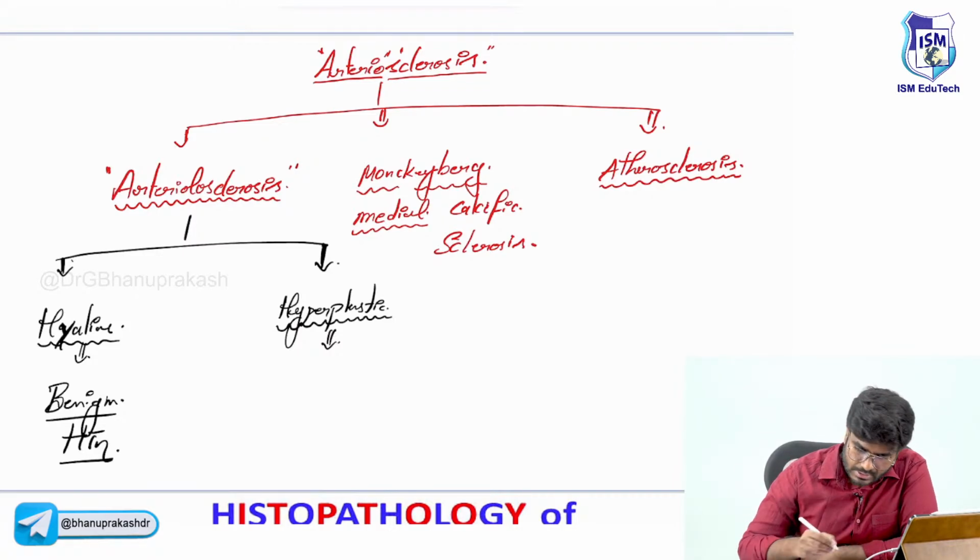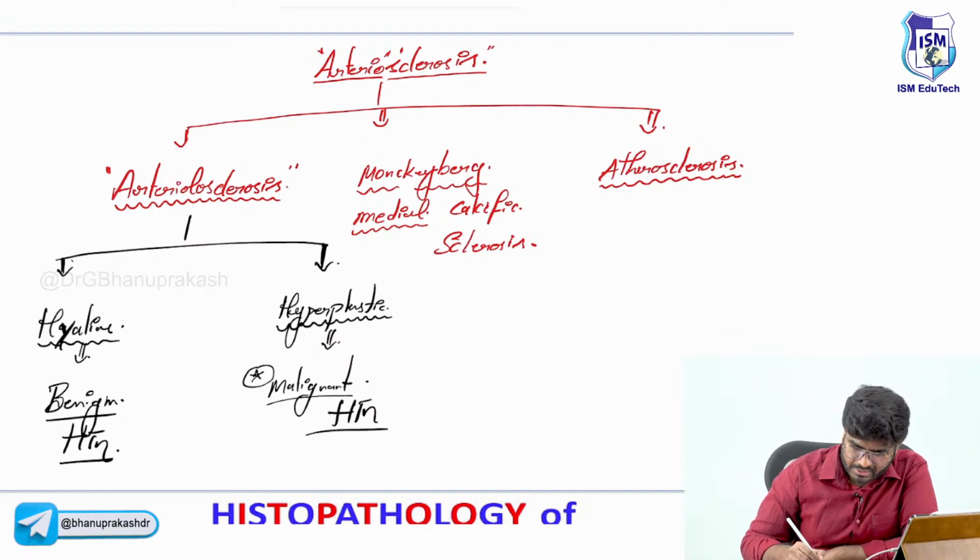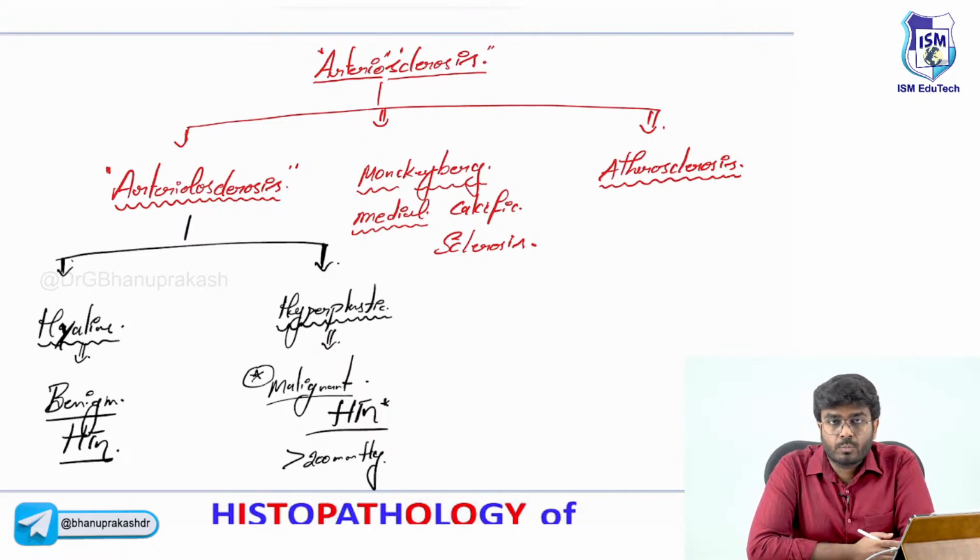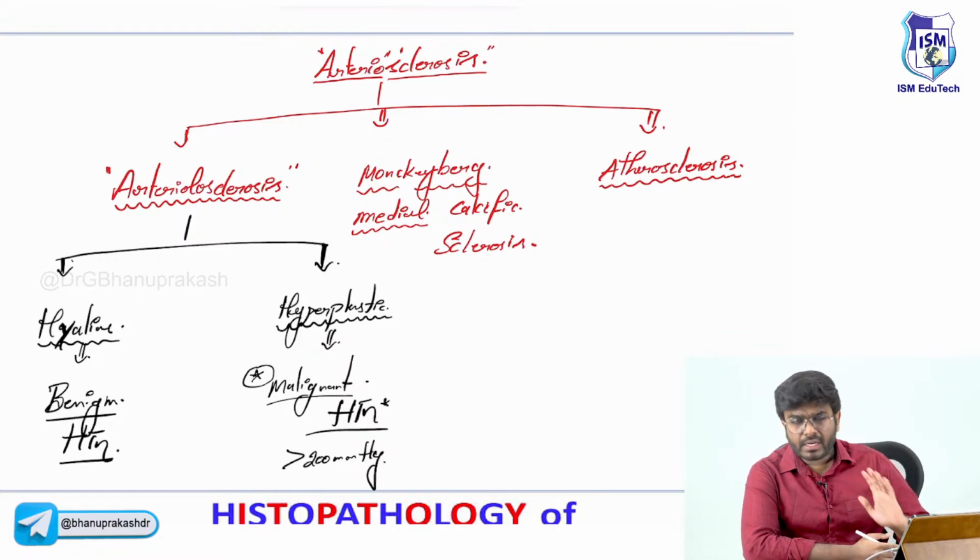It is seen in malignant hypertension. Malignant hypertension means severe hypertension, more than 200 mmHg systolic blood pressure. So hyaline arteriosclerosis is seen in benign hypertension, and hyperplastic arteriosclerosis is seen in malignant hypertension.